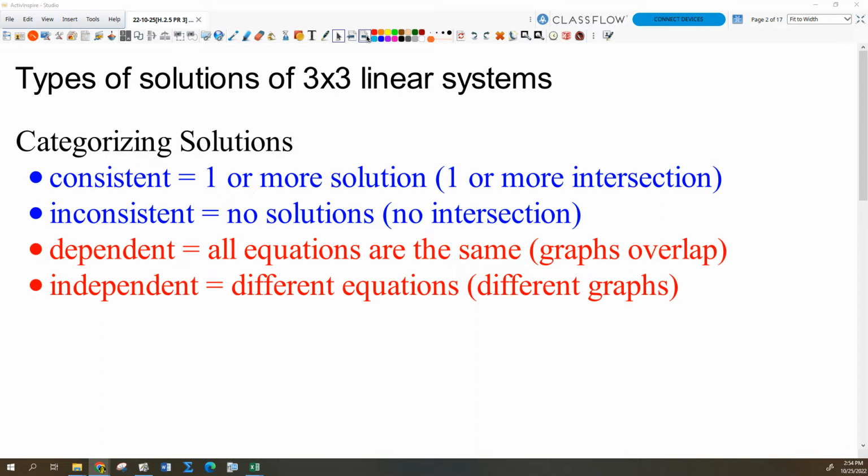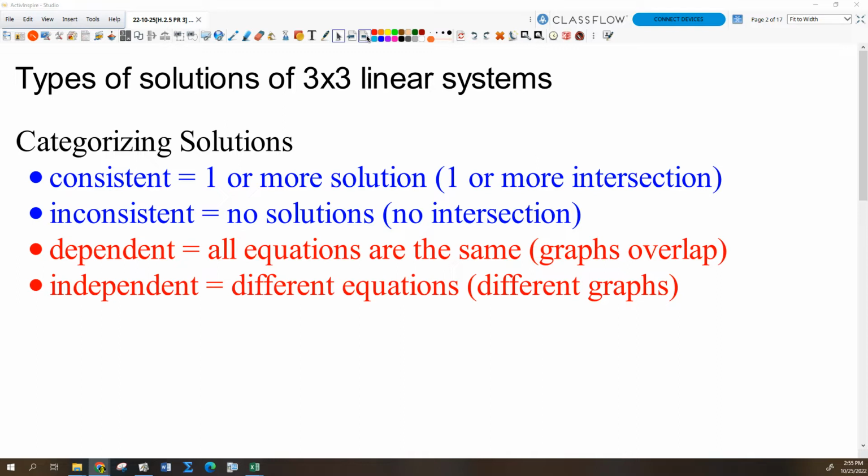It's also either dependent or independent. Dependent means there's an overlap, right? So you get more than just a single point. The example with two lines would be if you had two lines that overlapped completely, those are a dependent system, right? Because they're the same equation.